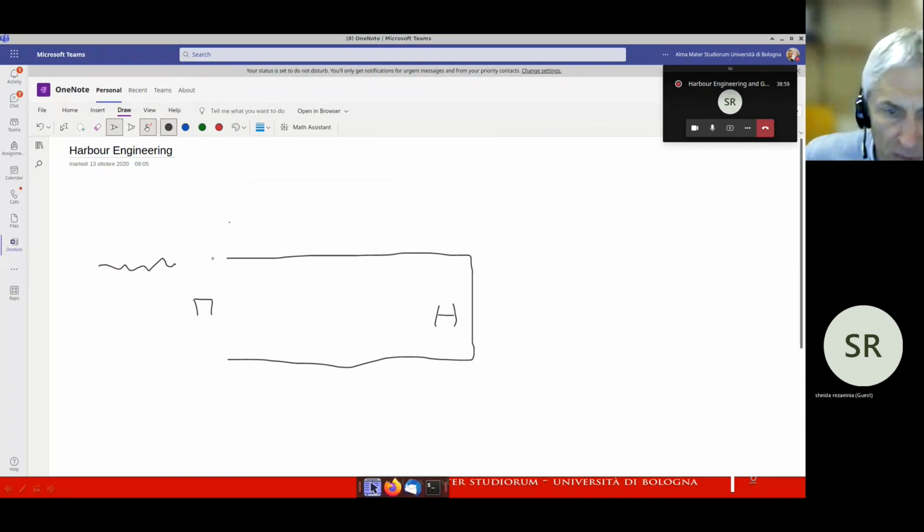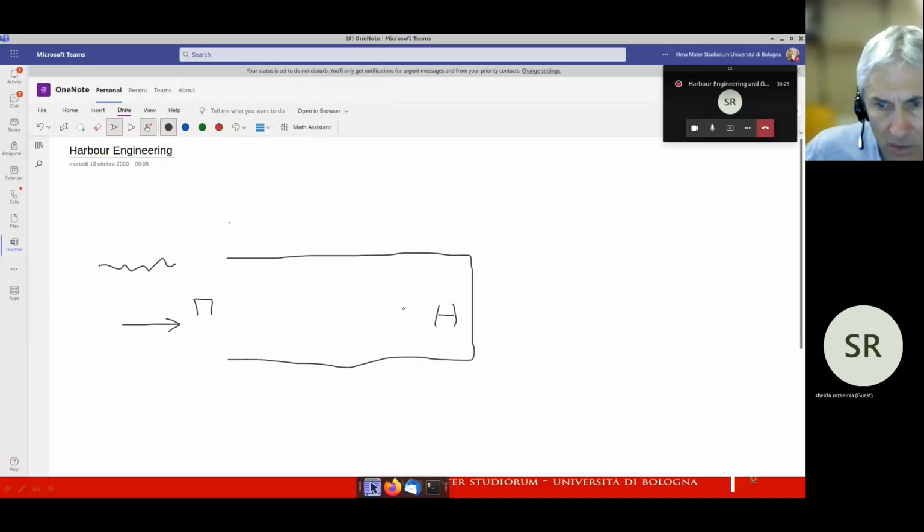Let's suppose that the walls are rectilinear. Actually, they are not here, but let's suppose that they are rectilinear, meaning regular, and the shape is rectangular. And let's suppose that the waves are getting into the basin in a direction that is perpendicular to the wall of the head.